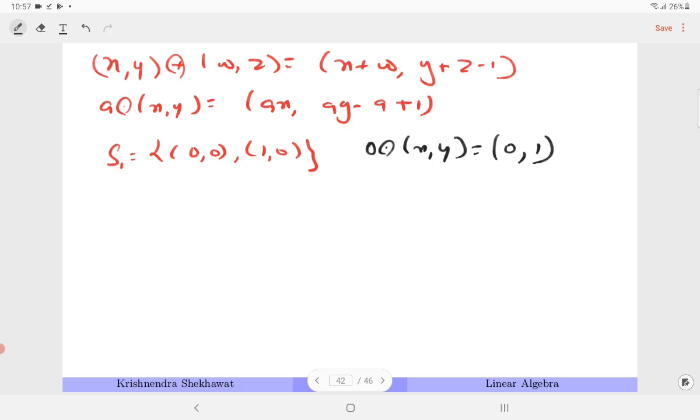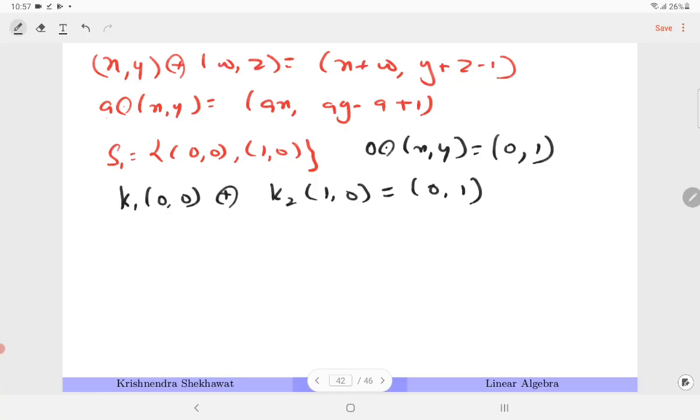It means 0 comma 1 is not contained in S1. So right now we cannot conclude whether it is LI or LD. Now let's write down the vector equation: k1 times 0 comma 0 plus k2 times 1 comma 0 should be equal to the 0 vector, which is 0 comma 1.